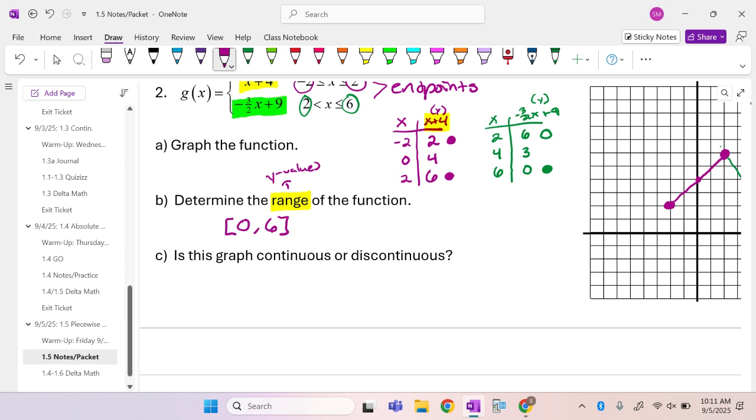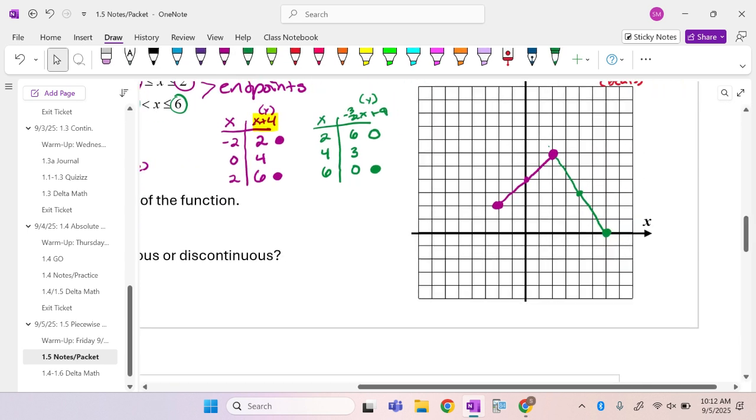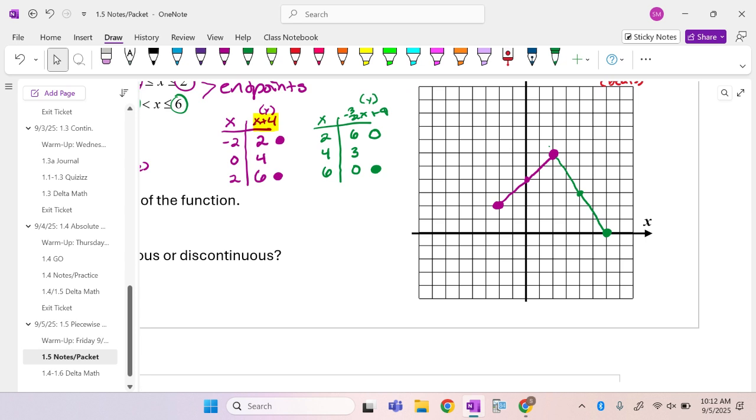Now, is this graph continuous or discontinuous? So it means literally what it sounds like. Continuous means there's no breaks, no gaps, no jumps. So given the entire domain, from -2 to 6, are there any gaps or breaks in our graph? No, there's not. So another way to think about it is that if I start from left to right and I run my pencil along it, will I ever have to pick up my pencil?